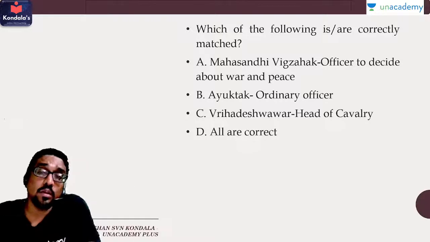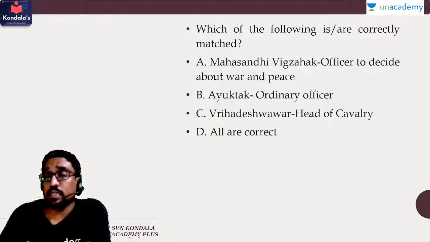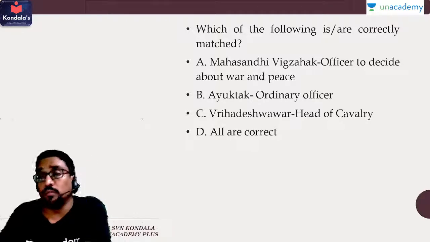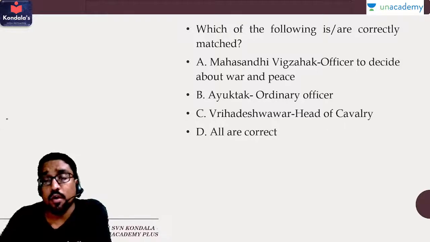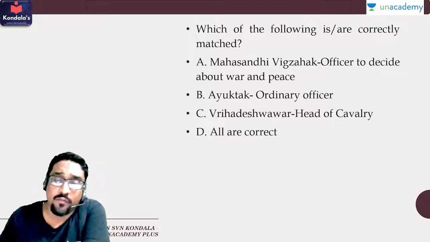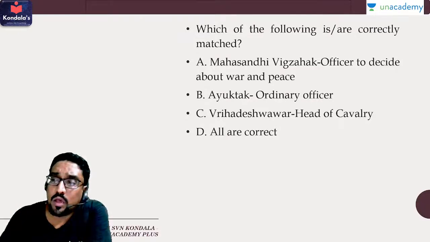Which of the following officers are correctly matched? Mahasandhivigrahika, officer to decide about war and peace. Ayuktaka, an ordinary officer. Brihadashvapati is head of cavalry. All are correct.